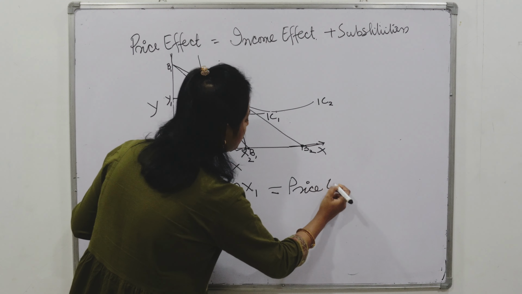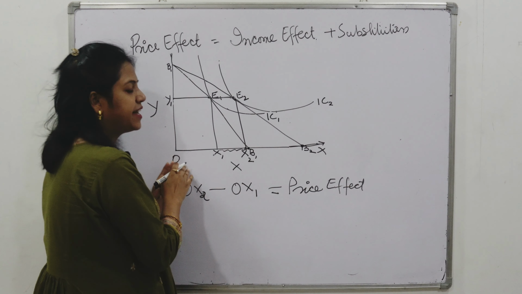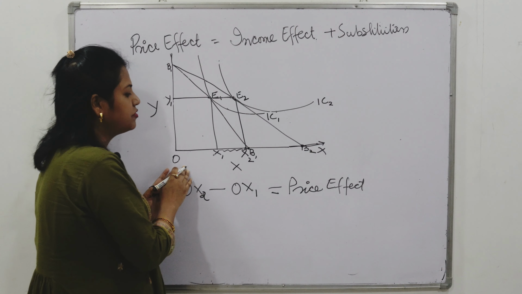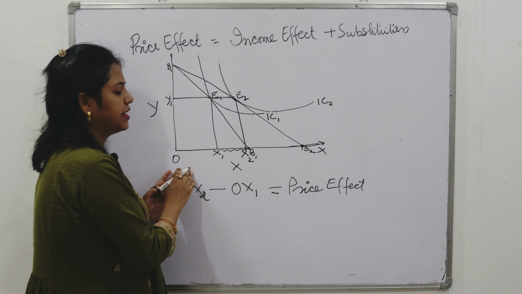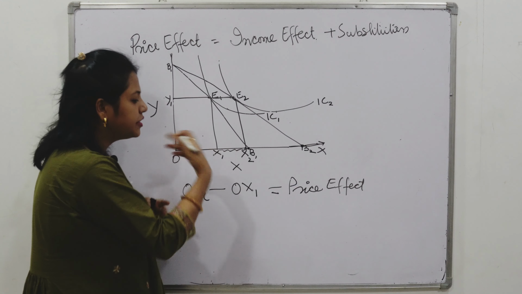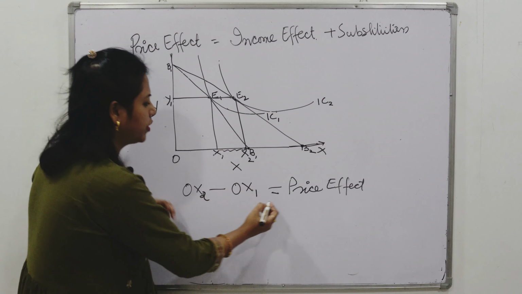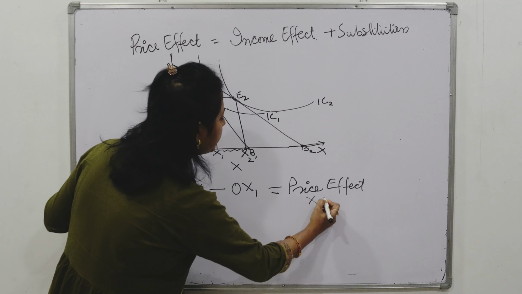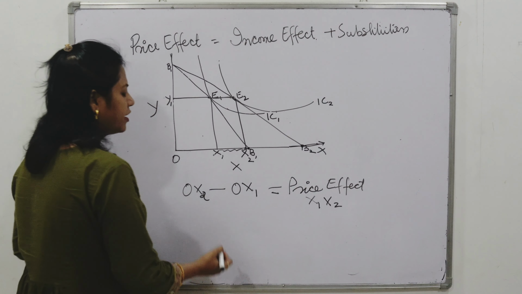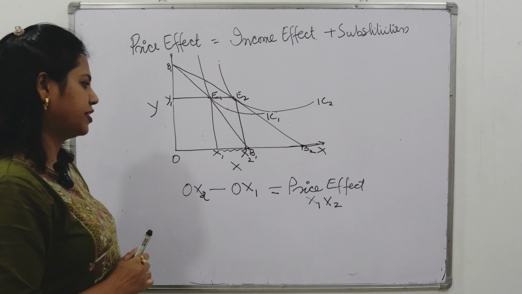That means due to the fall in price of the commodity X, our demand for commodity X has increased from OX1 to OX2, leading to a net increase of X1X2. So what is our price effect? X1X2. Okay, the distance between these 2 points is the price effect.